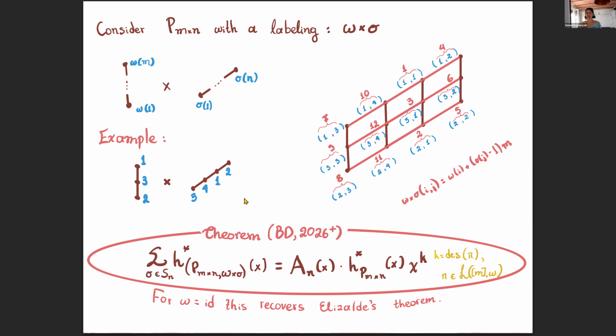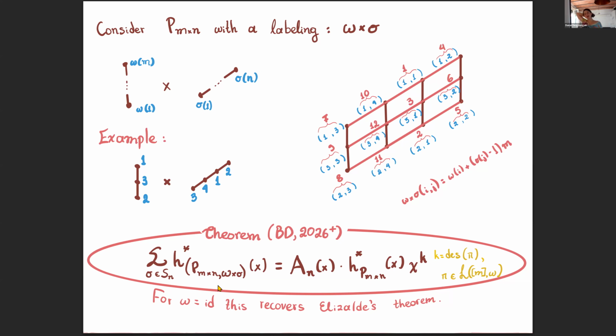For example, I can say that the Canon polynomial analog, but this time allowing a different labeling omega, which I denote here by just ranging over permutations and considering the sum of their H-star corresponding polynomials, is going to again have a factorization as a product of an Eulerian polynomial with the H-star polynomial of the chain poset times the power of x, which captures the descents of my omega labeling, meaning if I write down the linear extension of the poset, how many descents will I have of the poset, meaning the vertical chain.